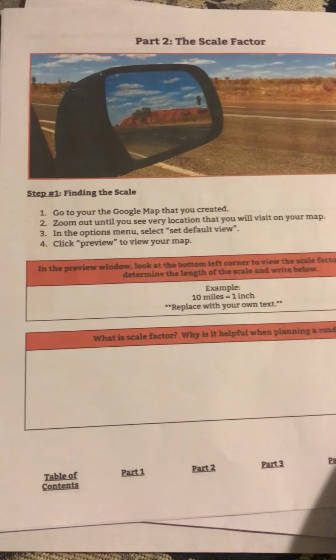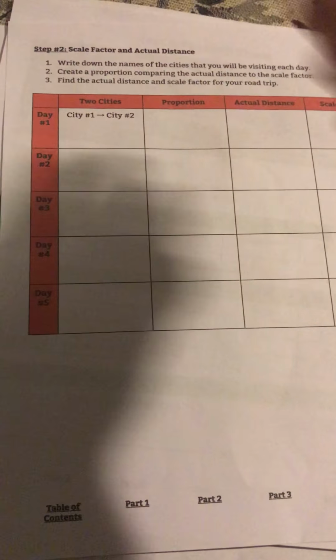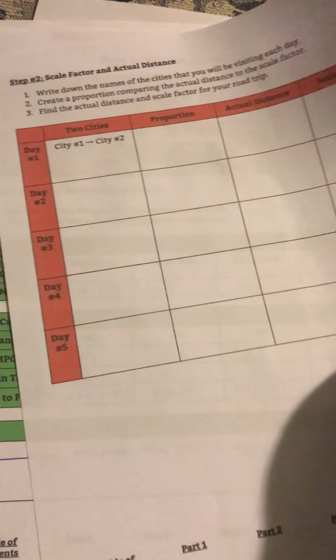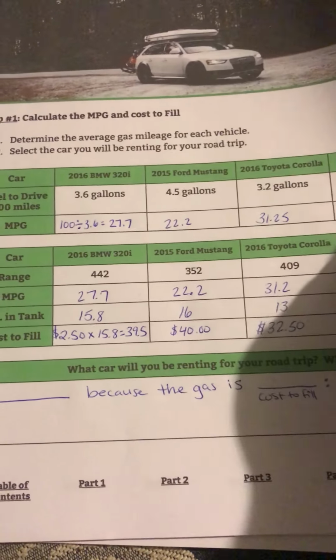For right now, let's skip the scale factor because it really isn't working with proportions. It's more about making miles into inches. And I think for you to be able to get out what I want you for this assignment, we really don't need to do that right now.